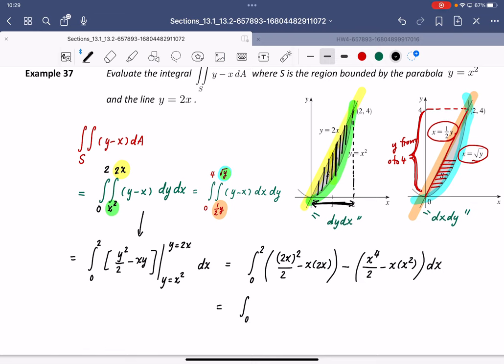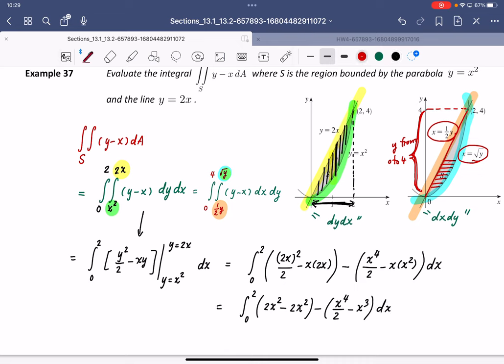So from 0 to 2, here you're going to cancel a little bit, so you get 2x squared, and then minus 2x squared, which is good because this is actually 0. And then minus x to the 4th power over 2, and then minus x cubed.